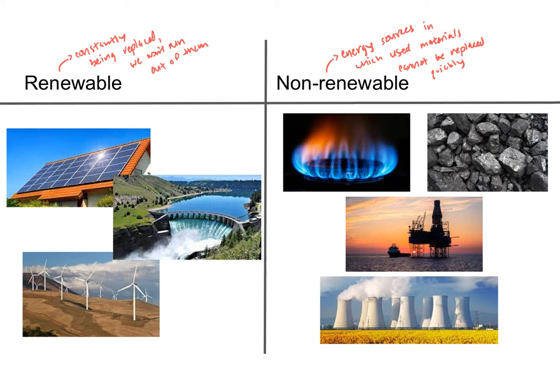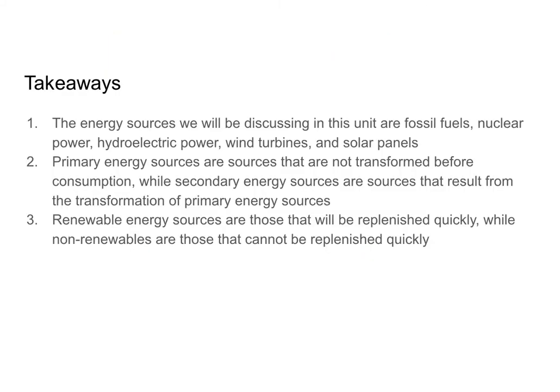While we could have some less stable elements decay into uranium, it does not happen at anywhere near the replacement rate. So we're using it a lot more quickly than it's being generated. So for our non-renewable sources, we do have to worry about running out of those one day if we continue to use them at a faster rate than they're being replaced.